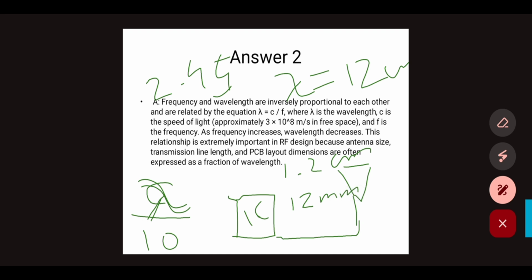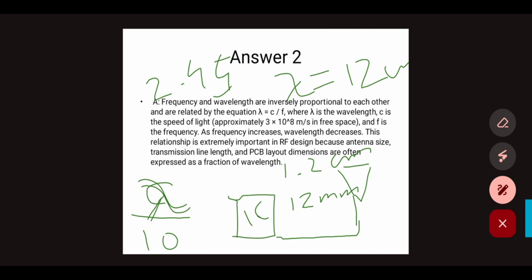Now, if the length of this transmission line or the trace in the PCB is greater than this 12 millimeter, then it should be considered as a transmission line. What does it mean? It means it should have an impedance.